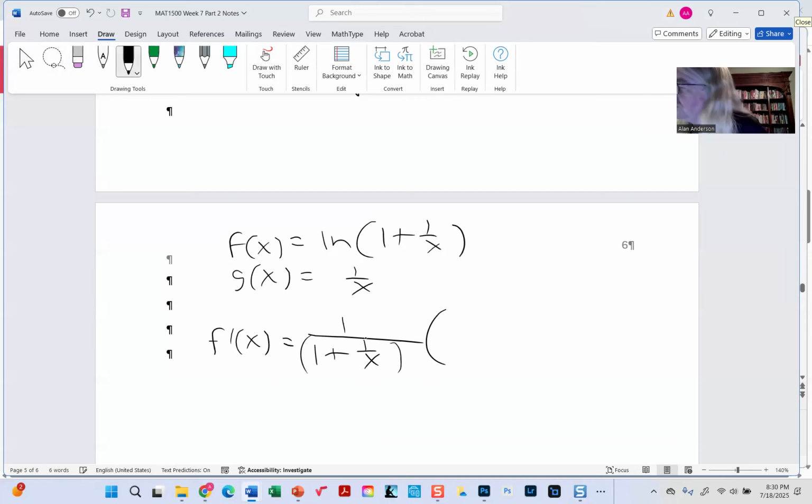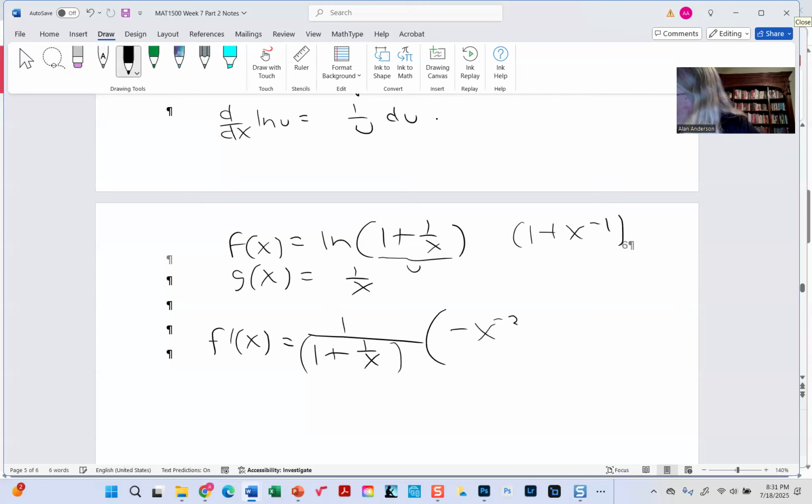So in other words, remember the way the log works: the derivative of the log of u is 1 over u du. So here we've got 1 over our u. The derivative is, keep in mind, this is the same thing as 1 plus x to the minus 1. Okay, so that'll do it.